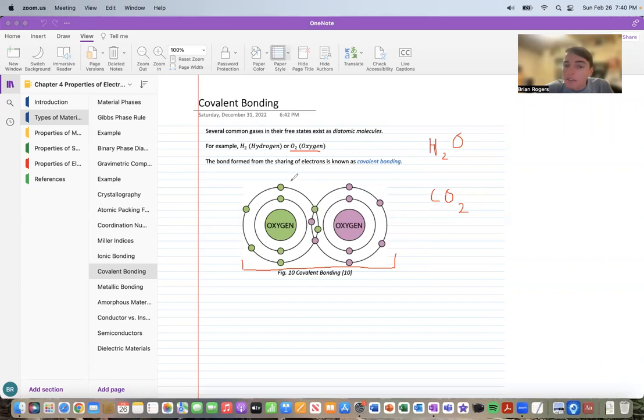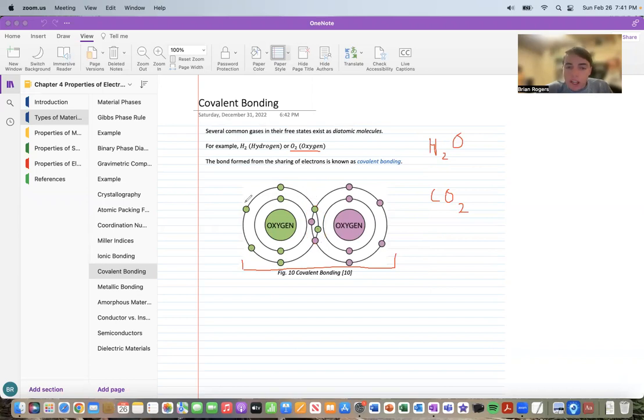Notice how each of the oxygens has 1, 2, 3, 4, 5, 6 electrons, but in between, because on the periodic table, they like to be at that 8 filled valence electrons in their outer shell. So they share these electrons in order to get to that state of 8 total in their valence bond.